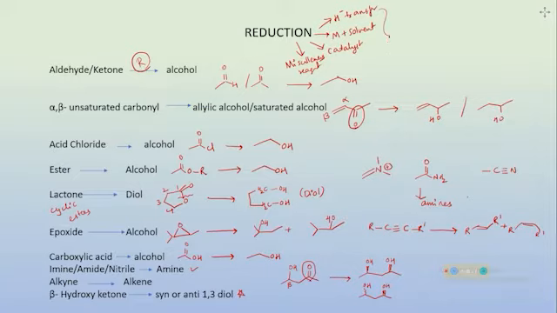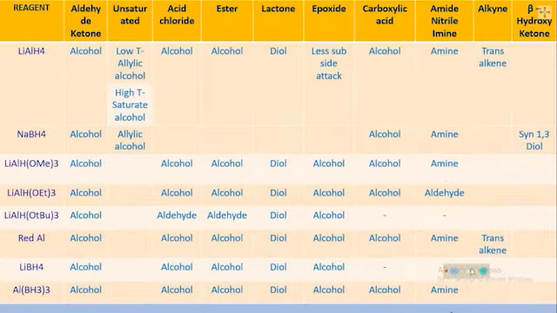Firstly, let's discuss hydride transfer reagents. I have summarized hydride transfer reagents in one tabular form. Here I have taken the hydride transfer reagents, and these are the functional groups, and these are the reduced products.